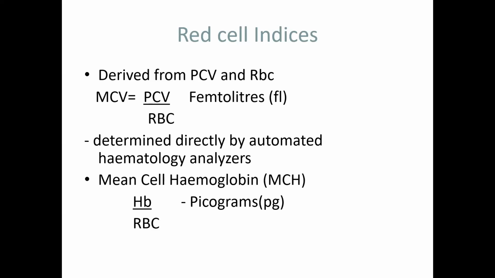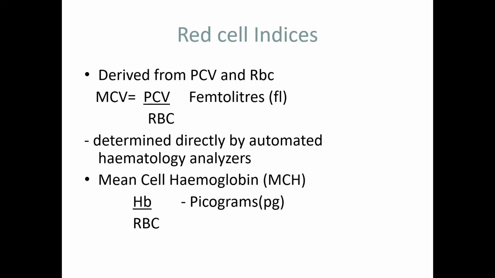Now, the factor depends on what indices you used for your packed cell volume, whether you used percentage or a ratio. And this will be in femtoliters. And in the automated equipment, as I told you, it can be directly determined.